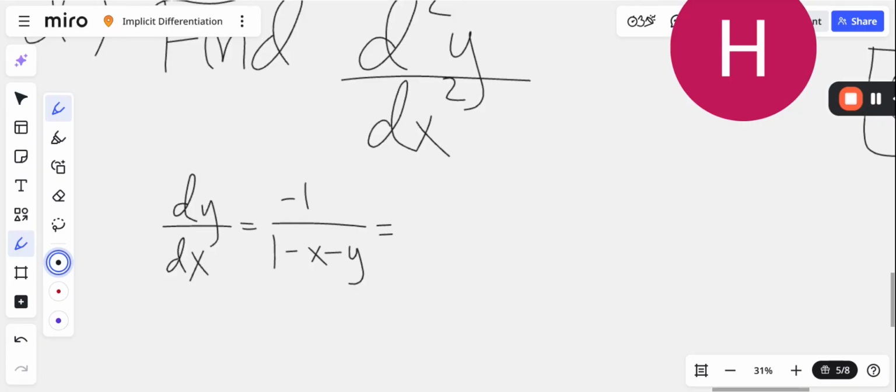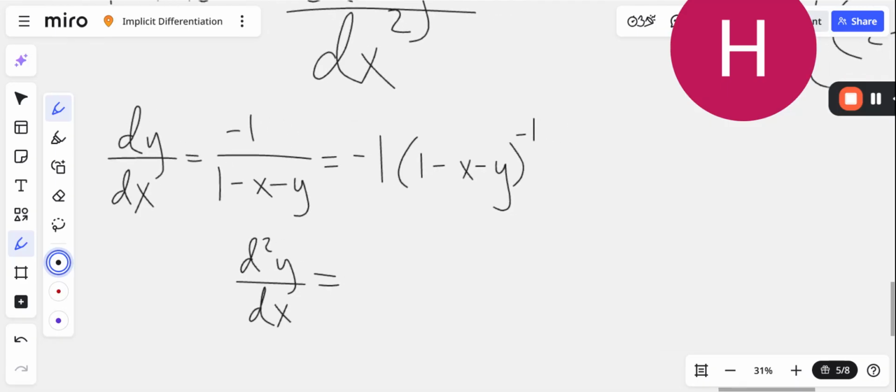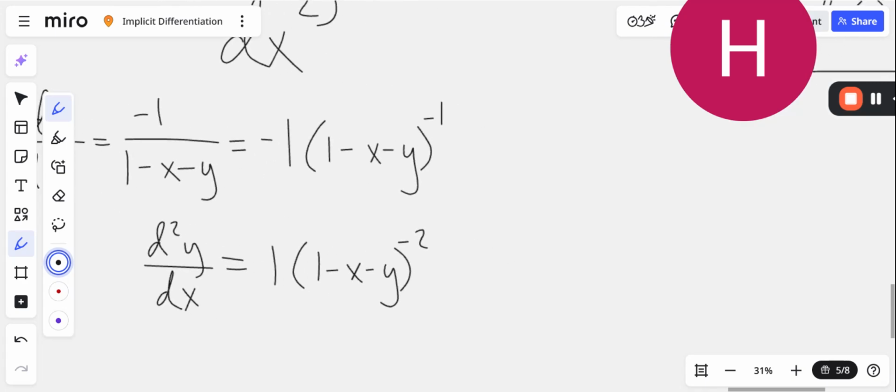But I might rather express this with a negative exponent, because then if I want to take the second derivative, all I have to do is use the chain rule and the power rule. So this is going to become a positive 1 when you multiply the power, and now it's to the negative 2 power. Then we just have to multiply by the derivative of the inside. So negative 1 minus dy dx.